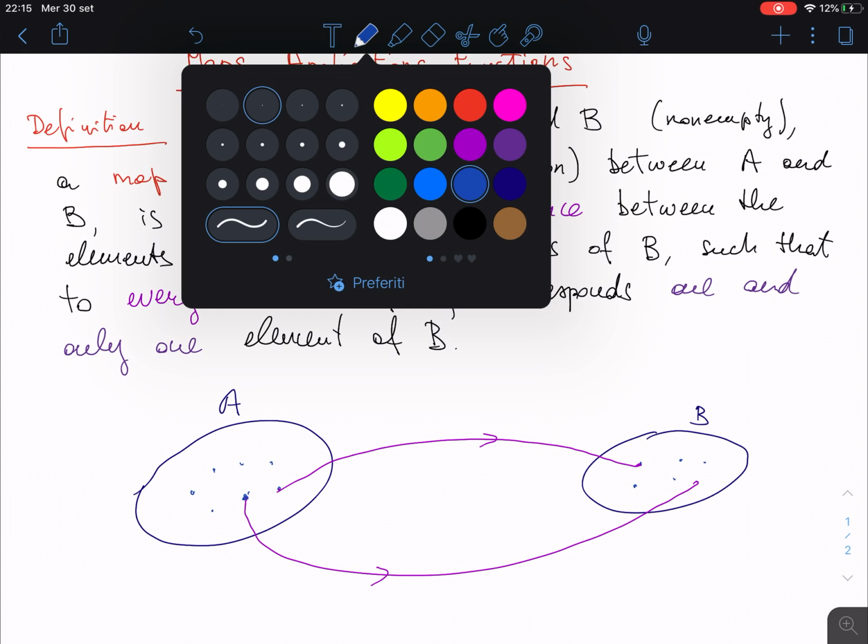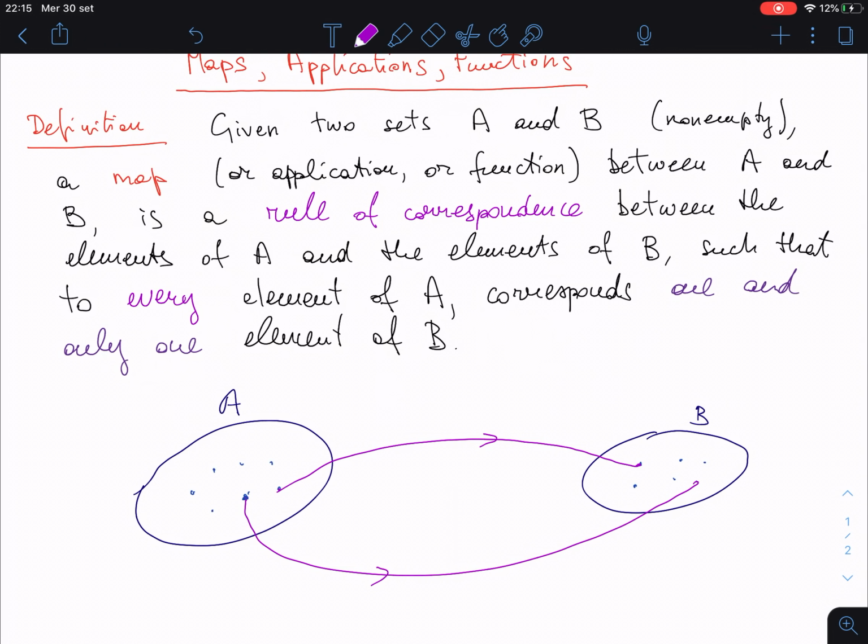Vice versa, think of sending this point of A here toward this point of B that has already been reached by another arrow. This is not forbidden.